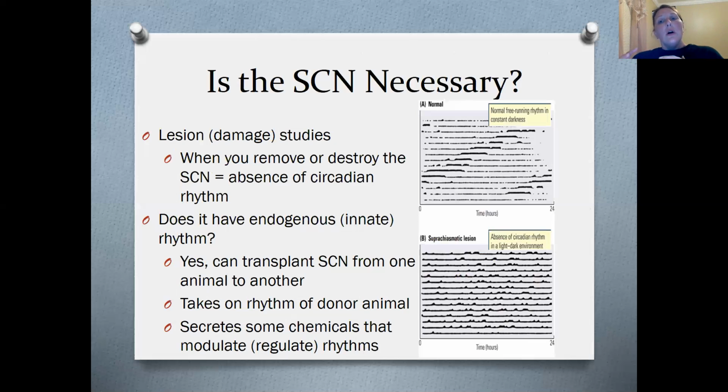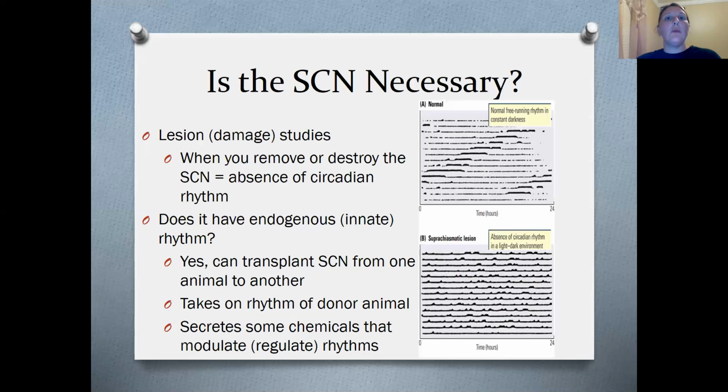Now, let's say you take an animal that is normal, and you pluck out their SCN and you put it in an animal where you've damaged their SCN. So you swap them out. This has been done, and this is really, really neat and really awesome. The animal that had the damaged SCN will now start a perfectly normal circadian rhythm, but it was based off of that donor animal.